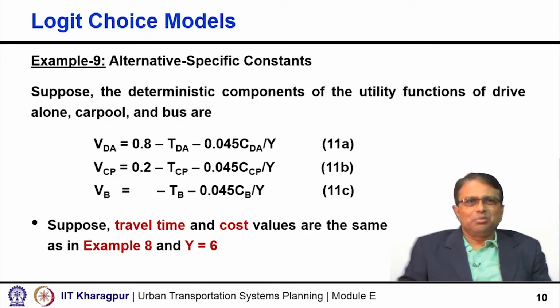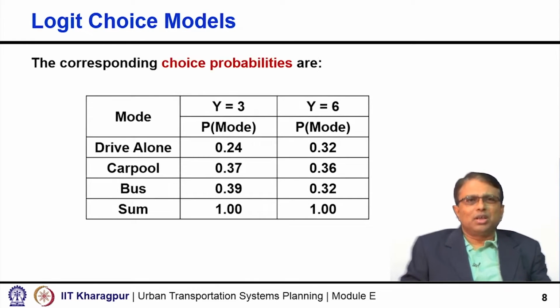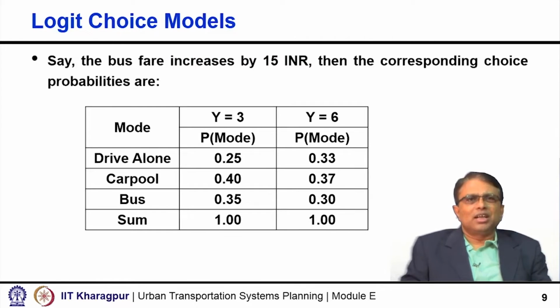Now, how different are the probabilities? You can see that with the increase in fare, what has happened? In the earlier case, for the 3 lakh income people, the probability of using bus was 0.39, that has become 0.35. So, the bus fare increases, so the probability of using bus will reduce because the bus disutility will increase, right, or utility will decrease further.